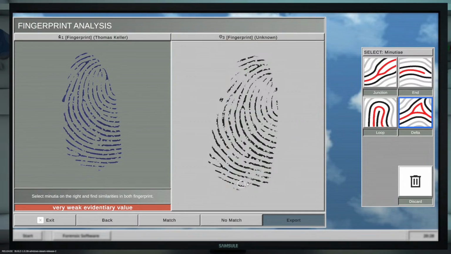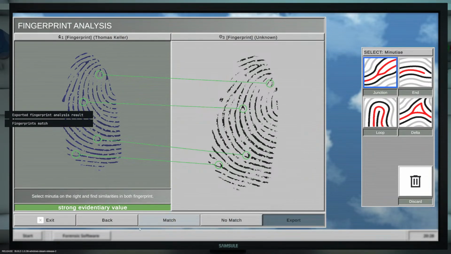This kinda looks like a match. Here we got a junction right there. Another junction. Yeah, this is gonna be a match. Got all these matching junctions. That's a match. We'll export that.